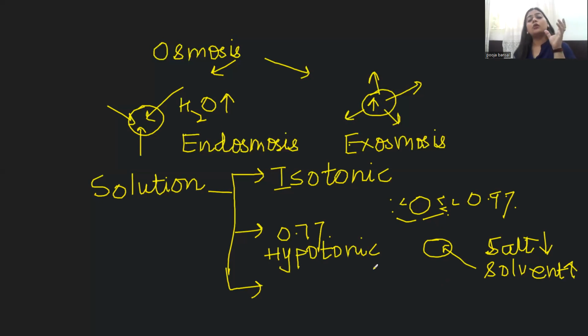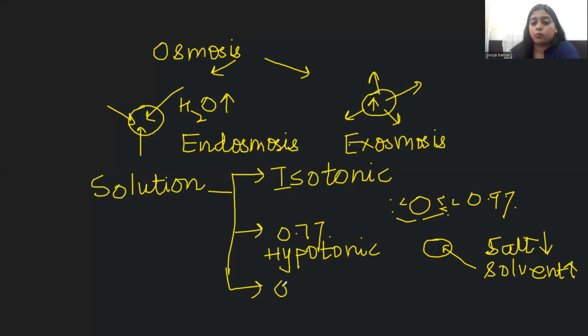Hypotonic means a solution whose solute concentration is less but solvent concentration is high as compared to the concentration of our cell. We have compared the concentrations of salt, solute and solvent inside our cell.